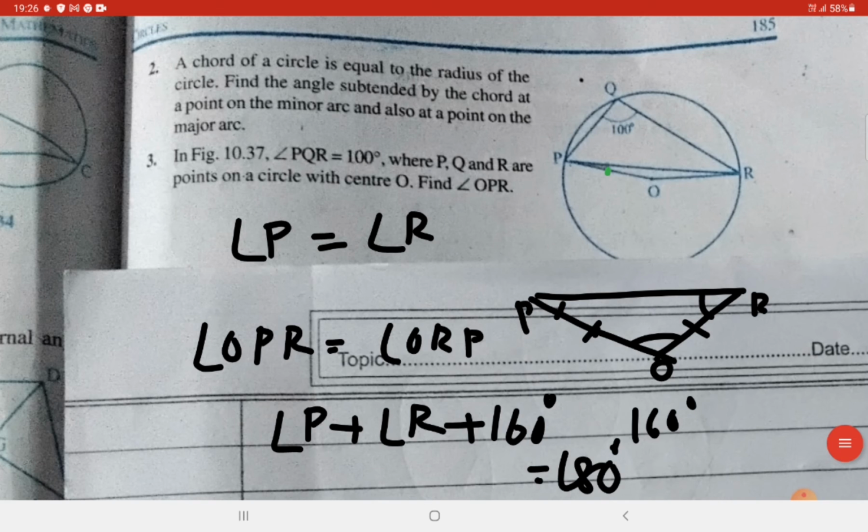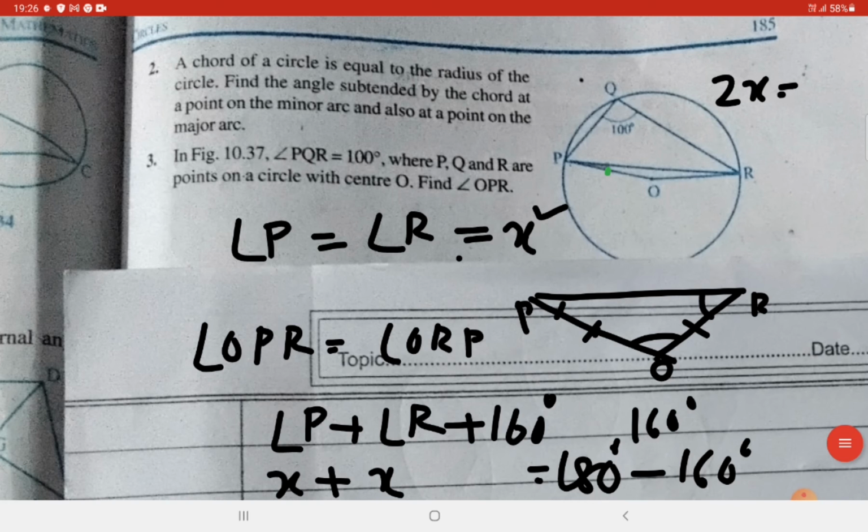Since angle P and angle R are equal, we can take both as h. Now replace angle P and R by h. So h plus h is equal to 180 minus 160. H plus h means 2h. 2h is equal to 180 minus 160, which is 20 degree. So h is equal to 10 degree.